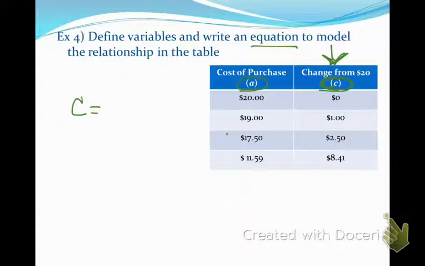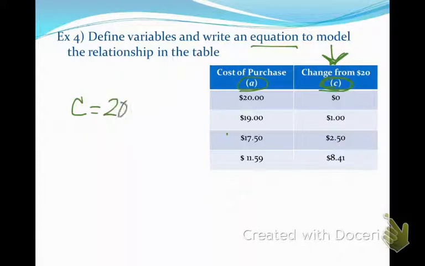Now, I purchased something, and the purchase is $20, and I received 0 back. How much money do you think I gave them? I gave them $20. So I started with $20.